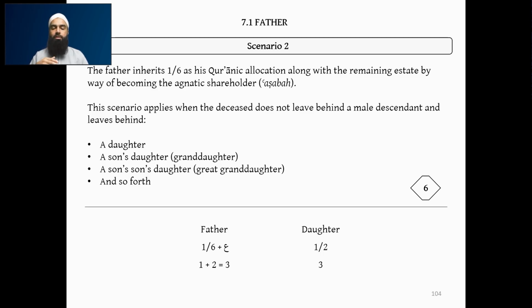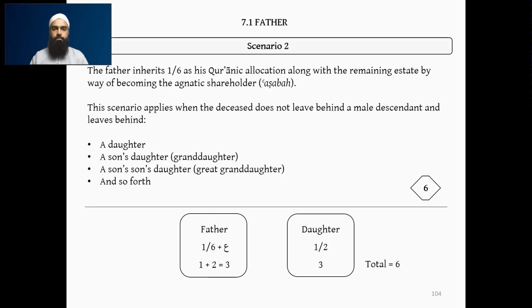That's why we write 1/6 plus asaba, because the fractions may add up to more than the amount you have to give. There will be something else that happens there, which we will talk about later on. Just remember that this is not redundant, it is necessary. So here the father is getting 3 in total, and the daughter is getting 3. You add it up, it totals 6. The 6 was your divisor, so it's all good.